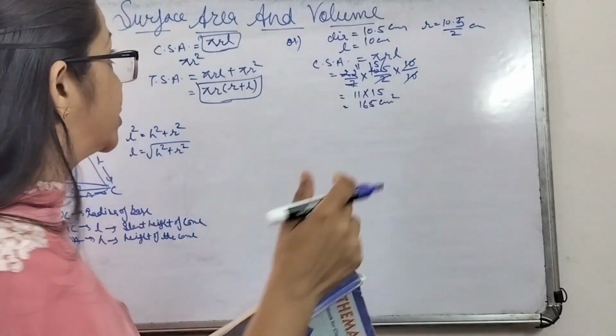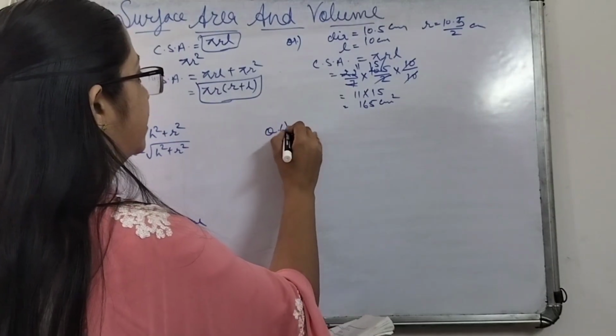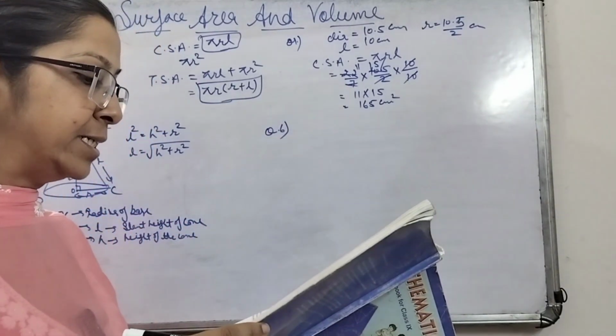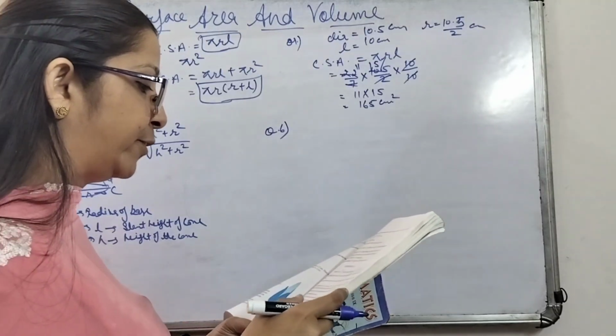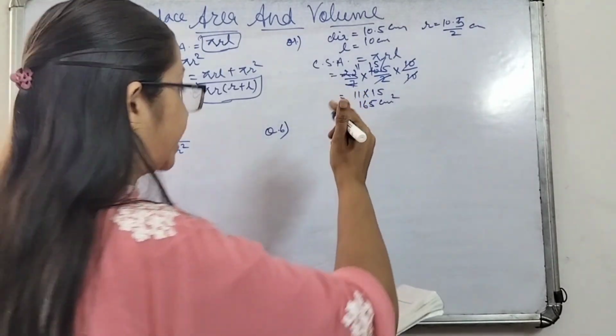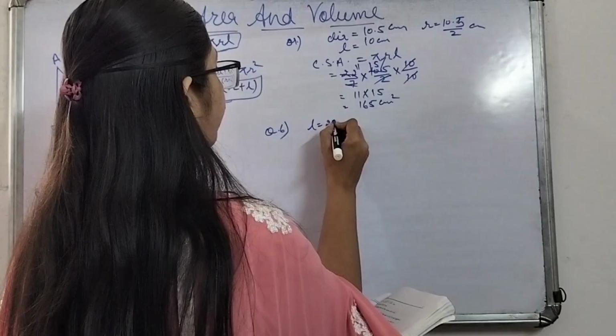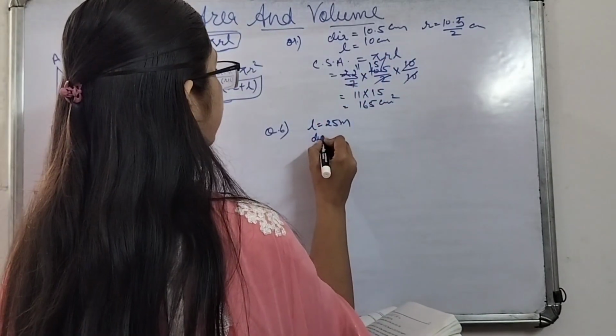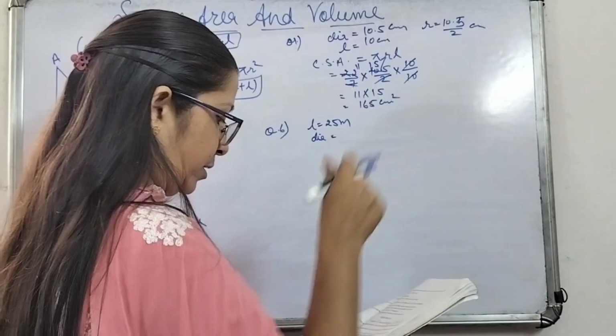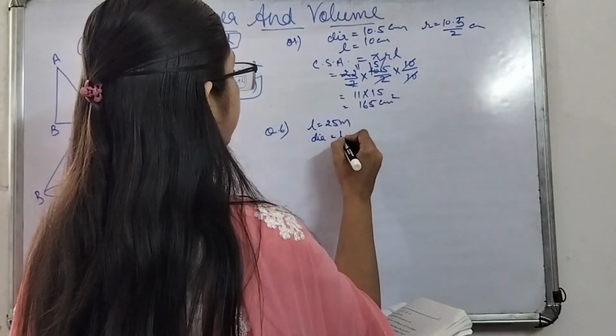Now let's see question number 6. The slant height and base diameter of a conical tomb are 25 meter and 14 meter respectively.